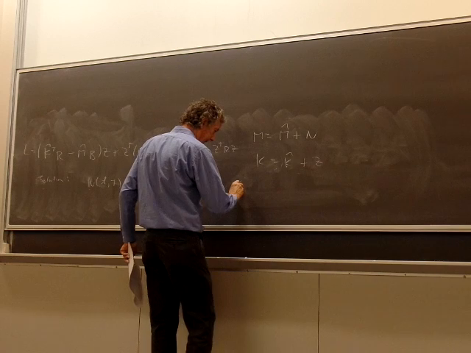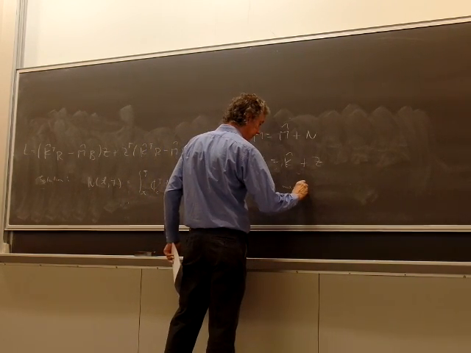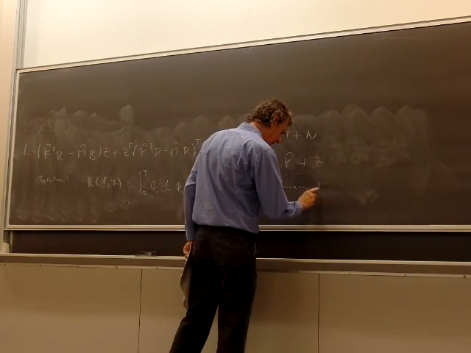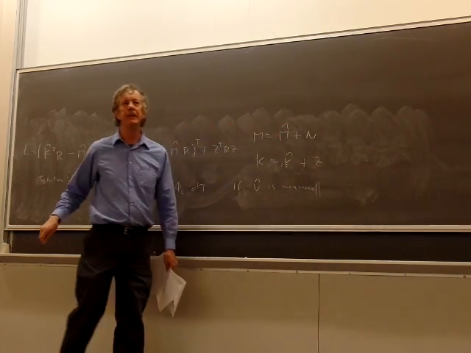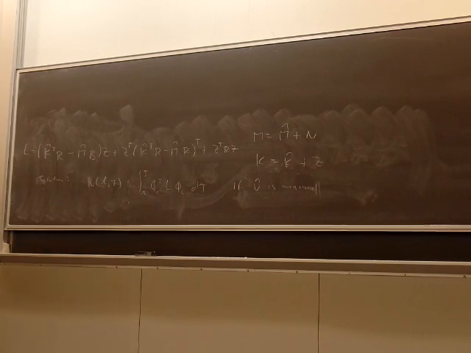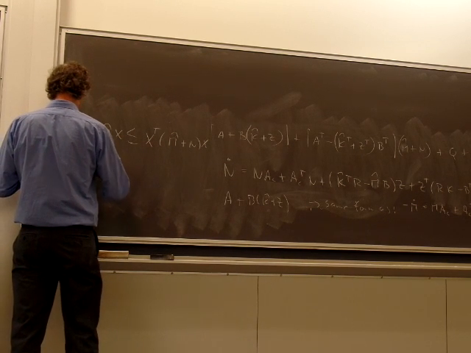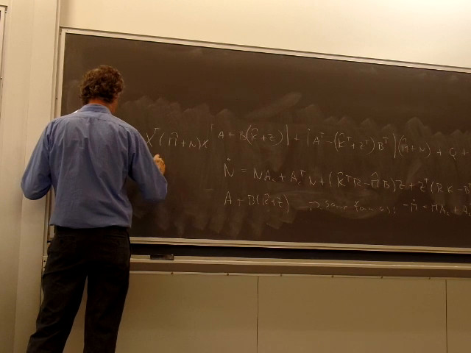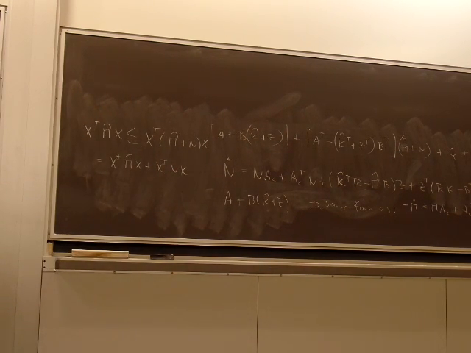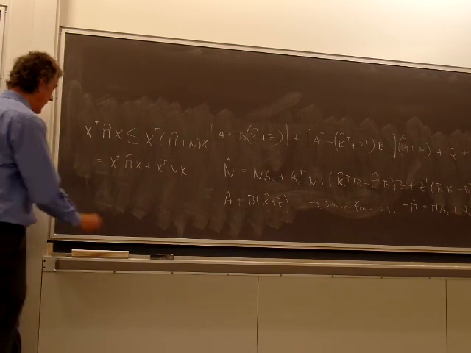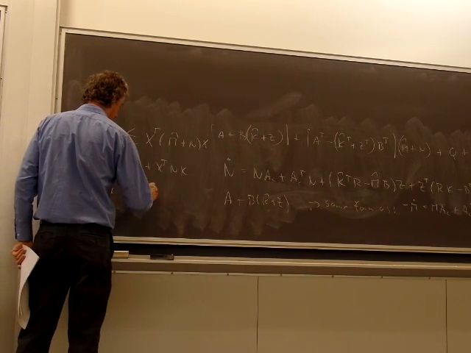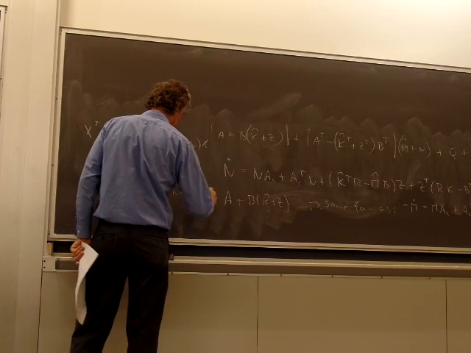Now, if P is the minimum, that says that X transpose M hat X must be less than X transpose M hat plus M X. That implies that X transpose M X is positive definite, or at least semi-definite.